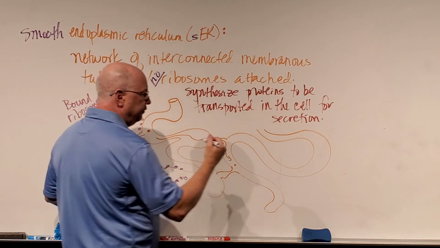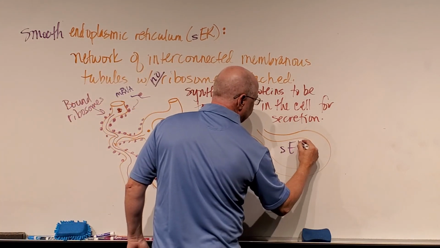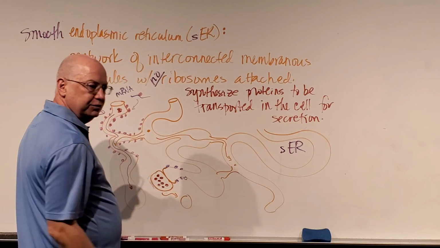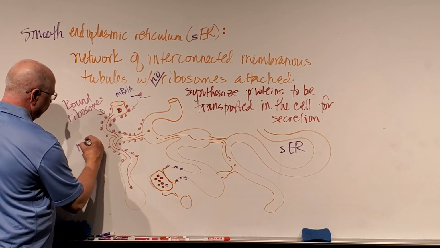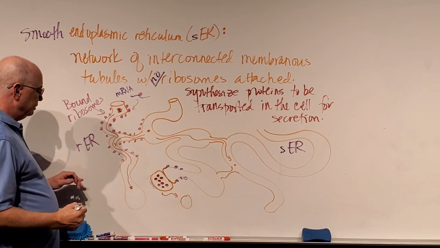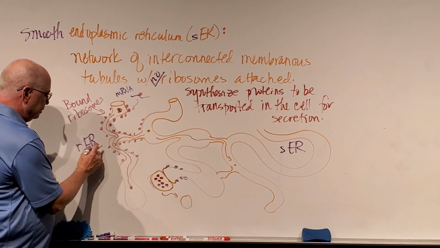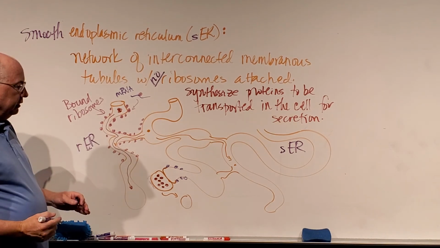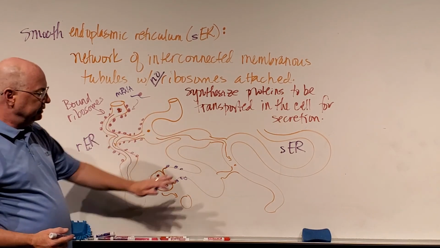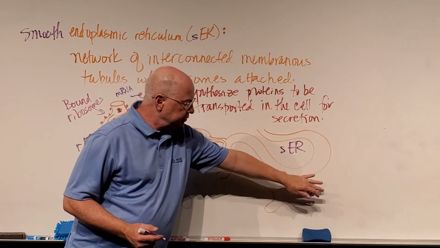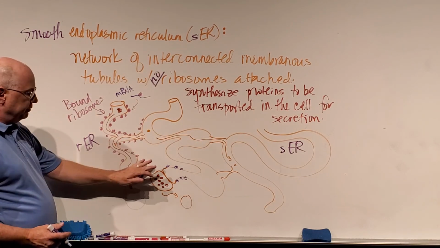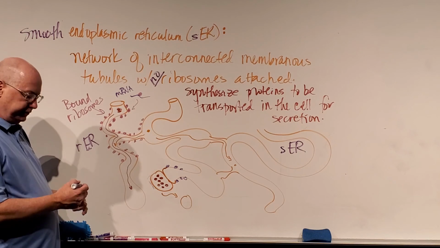So this part over here would be smooth ER because there's no ribosomes attached to it. This over here would be rough endoplasmic reticulum because it has ribosomes attached to it. It's the same endoplasmic reticulum, but if there's no ribosomes, it looks smooth on the surface. If there are ribosomes, it looks rather rough on the surface.